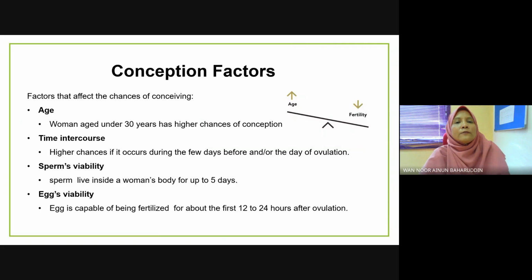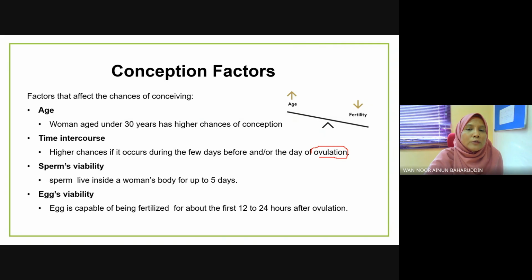So there are a lot of conception factors that give the chances of conceiving. An age under 30 has higher chances of conception. Time of intercourse, higher chance if it occurs during the few days before or on the day of ovulation.